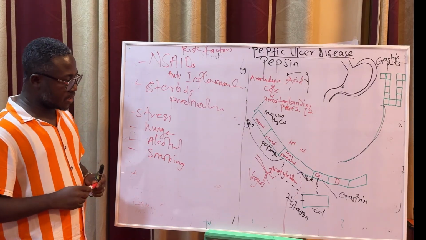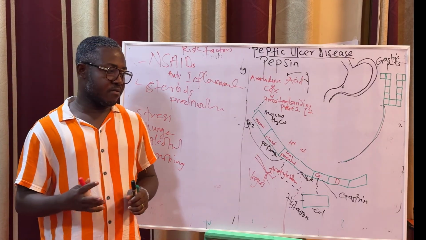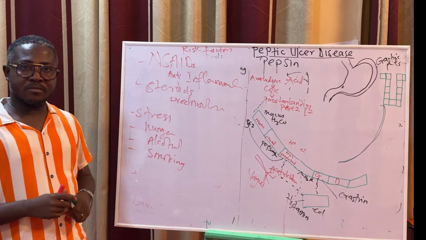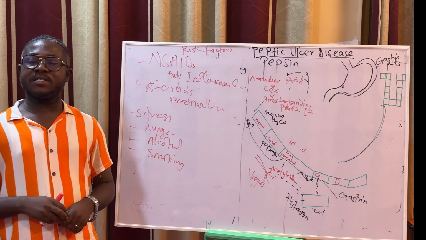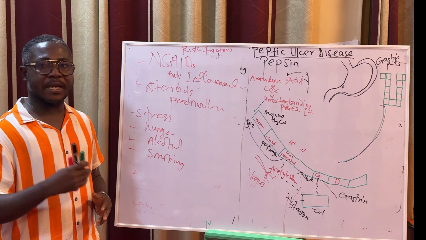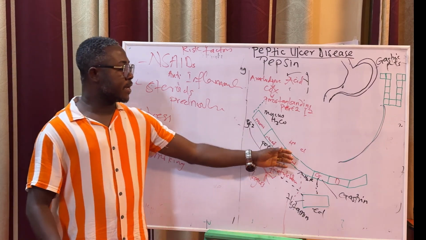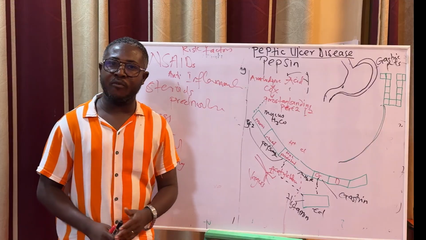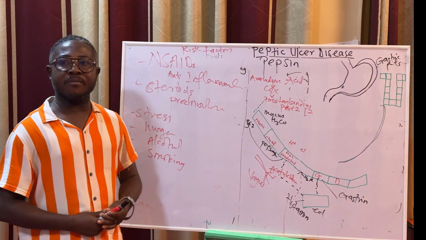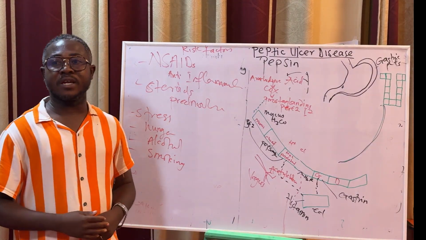Now, smoking can lead to ulcer in various ways, but one of the commonest one is by constricting or damaging the blood vessel, which will limit the blood flow to the mucosa lining. We know that the mucosa lining is made up of what? Epithelial cells, which are being replaced every 3 days.